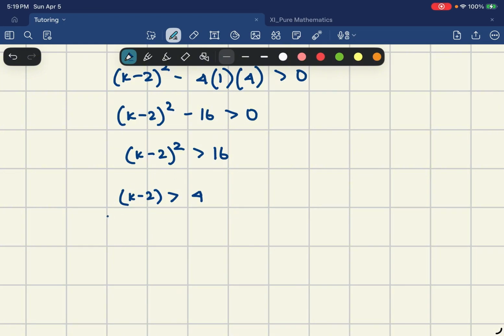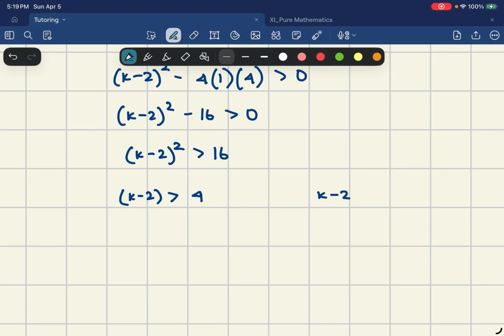So if my k minus 2, whatever this value is, is bigger than 4, then of course the square of this will be bigger than 16, right? 4 squared is 16. So this is a positive value, so I don't need to worry about this. If k minus 2 is positive and I square this, the square of it is going to be bigger than 16. So that's one possible solution here.